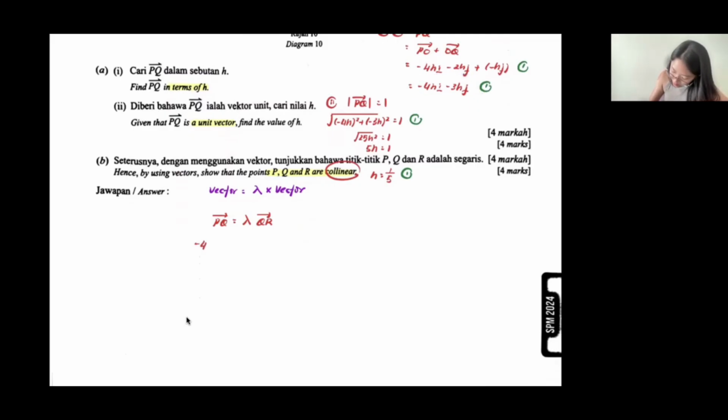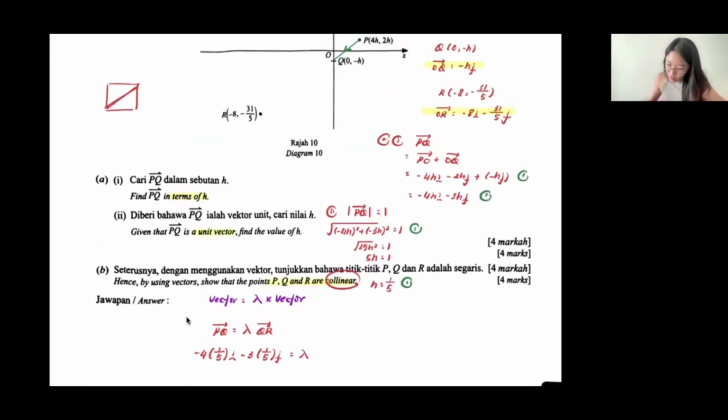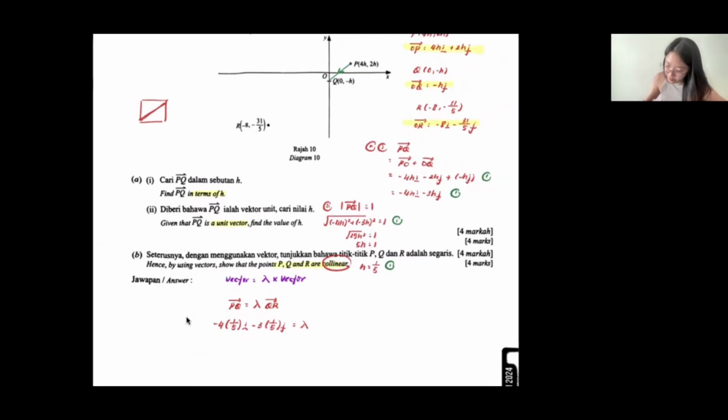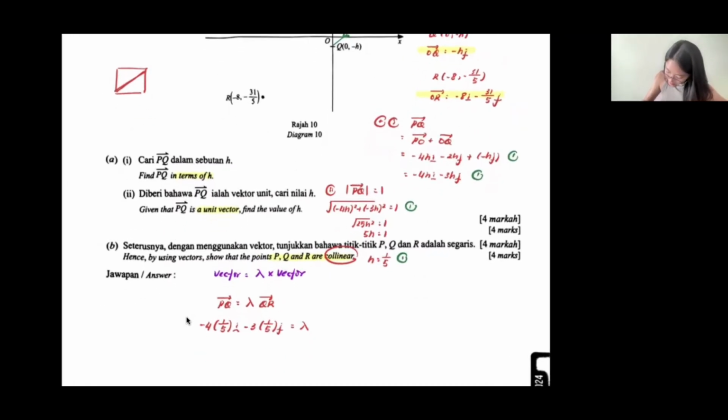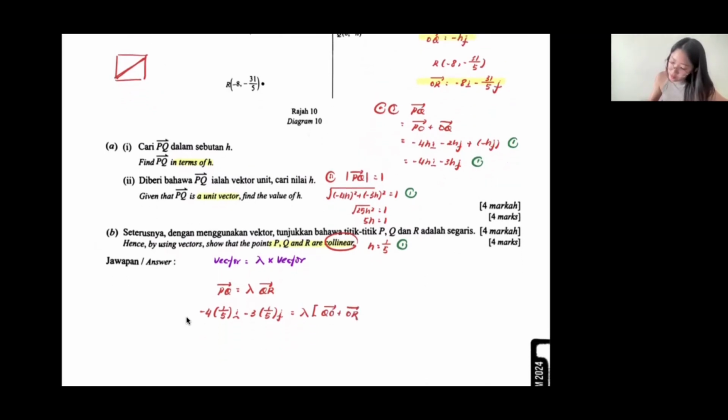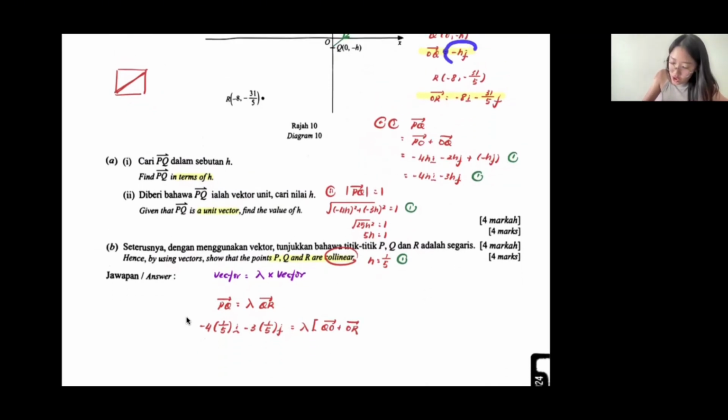So PQ is negative 4/5 i minus 3/5 j, equals lambda times QR. QR you have to find out. QR is Q to O, O to R. QO means you have to change this direction, it becomes positive, and then plus OR.